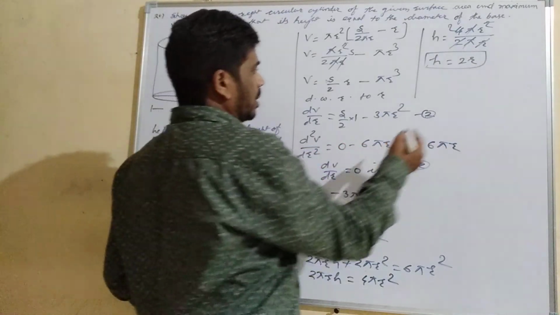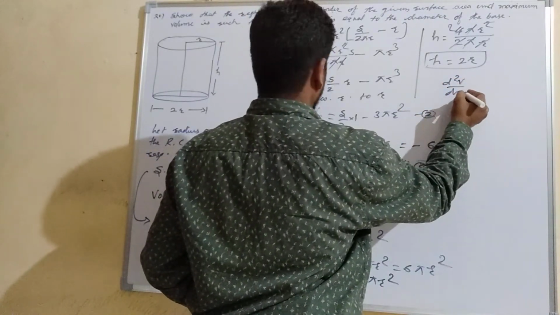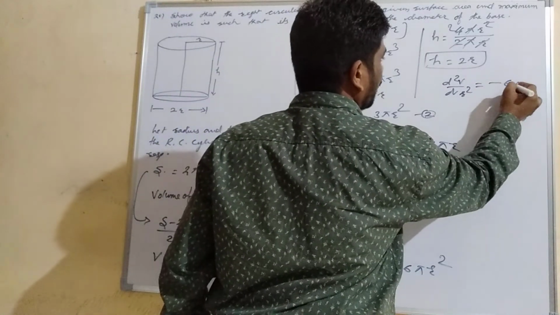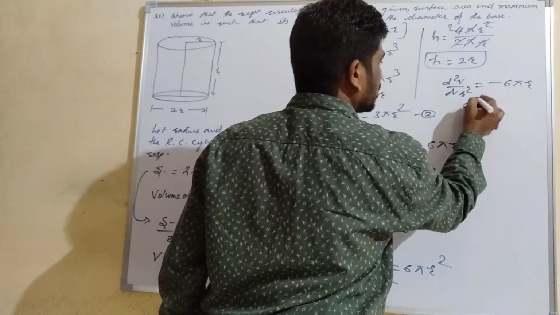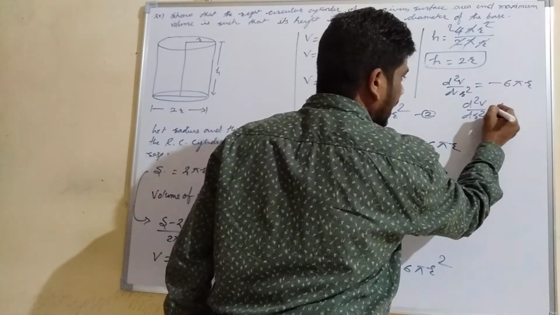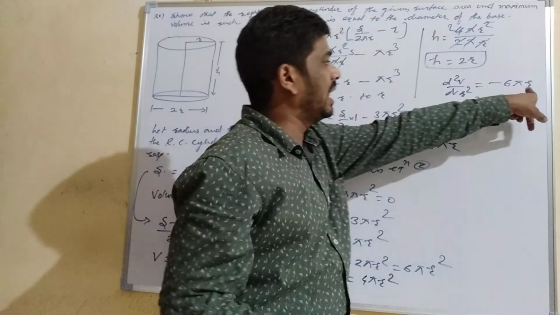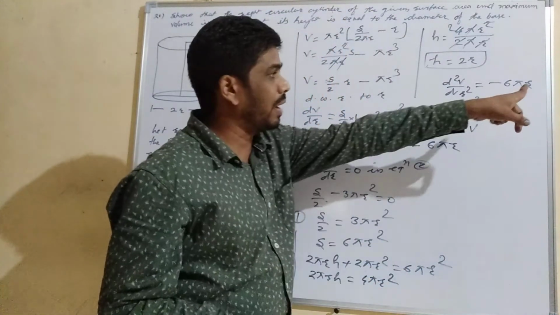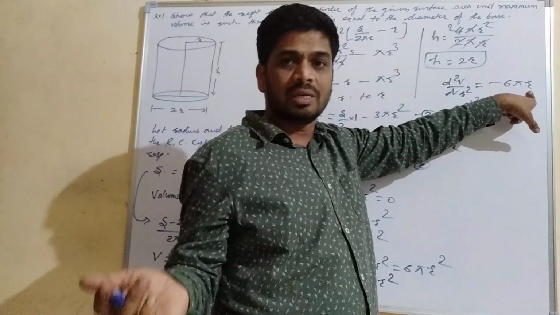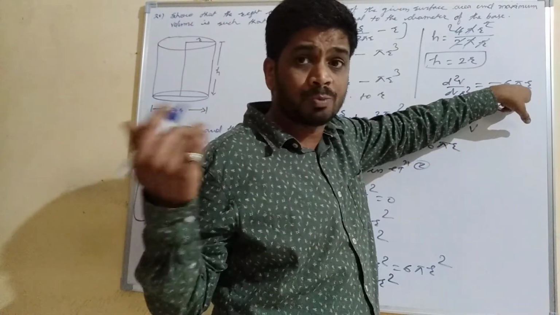This we already got, d square v upon d r square equal to minus 6 pi r, and this is already negative, which means for any value of r, because r will always be positive.